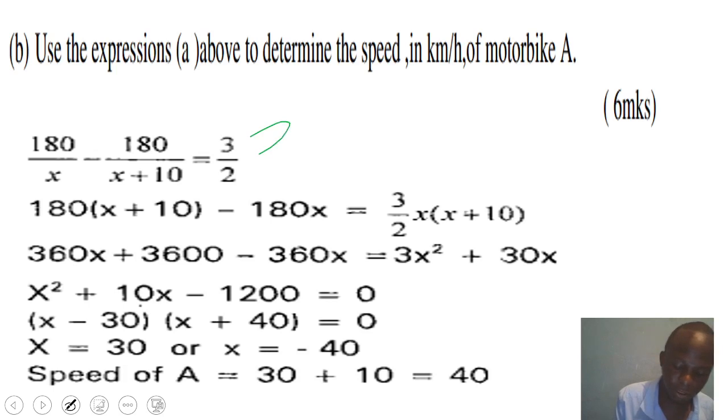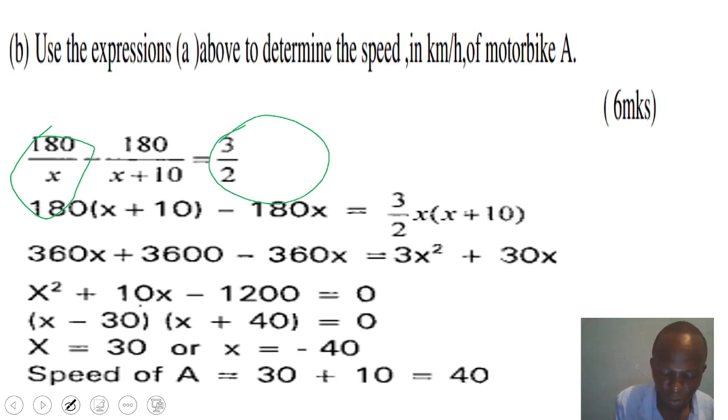To remove the x plus 10s and x, you have to multiply like it has been done here. Or rather, to simplify the process, we just multiply by x plus 10 where we don't have it. It should not be multiplied where it already has x plus 10 as the denominator.